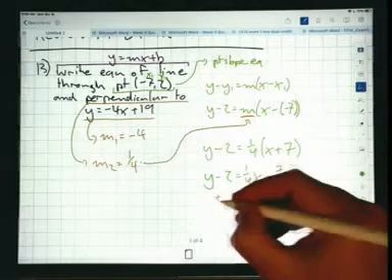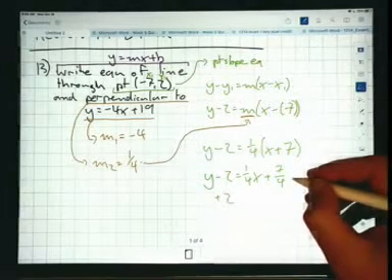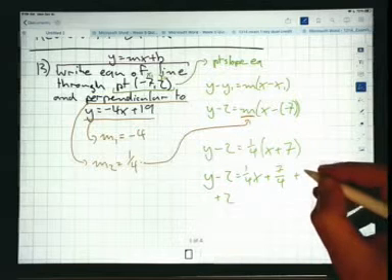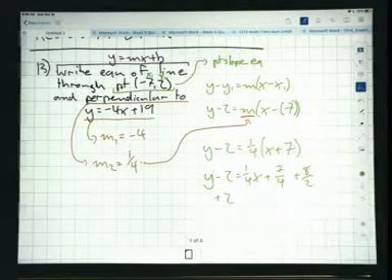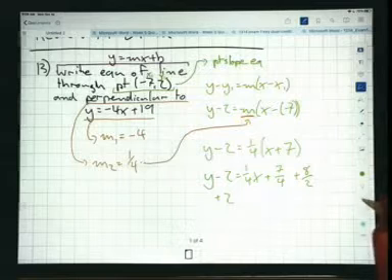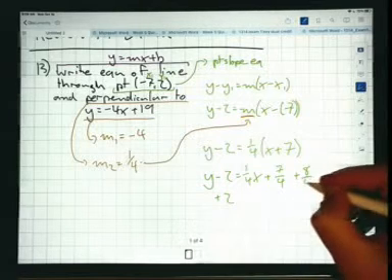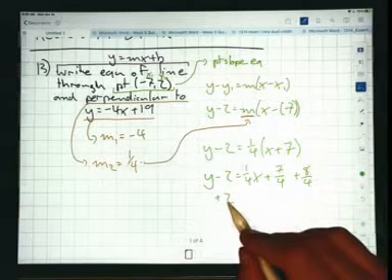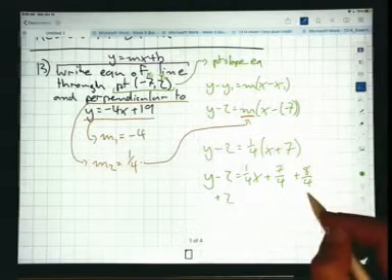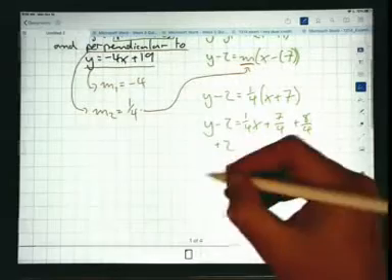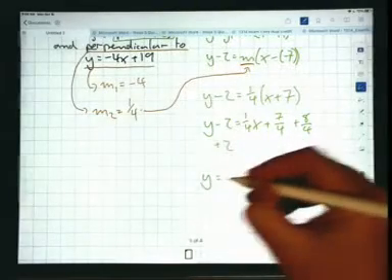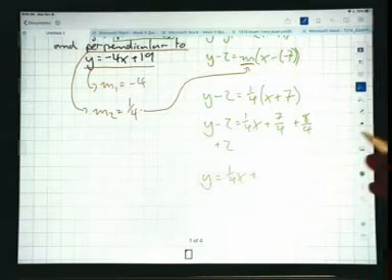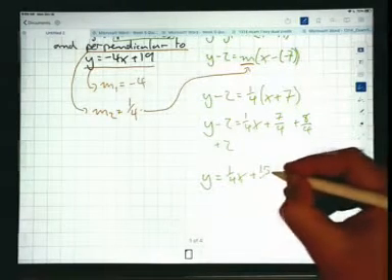I want to add 2 to both sides, but I'm going to change that 2 to 8 over 4. I just multiplied 2 by 4 over 4, so I now have a common denominator, and this gives us y is equal to 1/4 x plus 15/4.